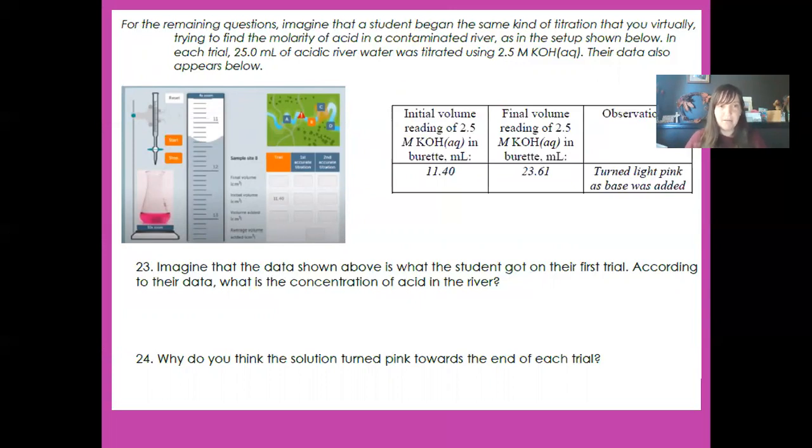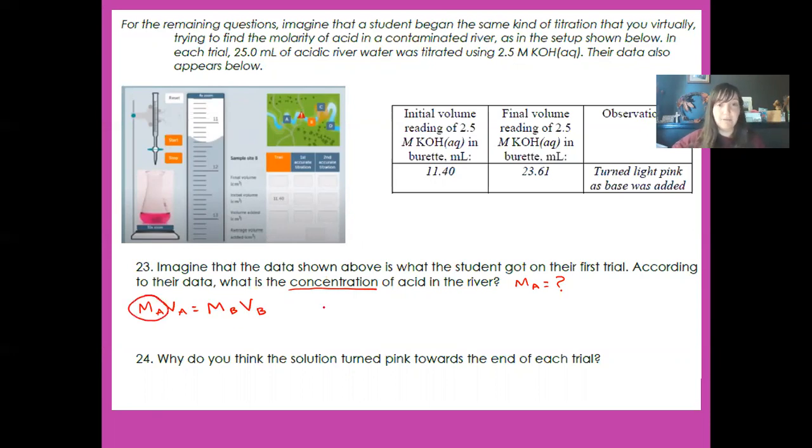Okay, so imagine that the data shown above, this is number 23, is what the student got on their first trial. According to their data, what is the concentration of acid in the river? So concentration of acid, they're asking for, what is MA? So let's use the titration equation: MAVA equals MBVB. All right, we're solving for MA.